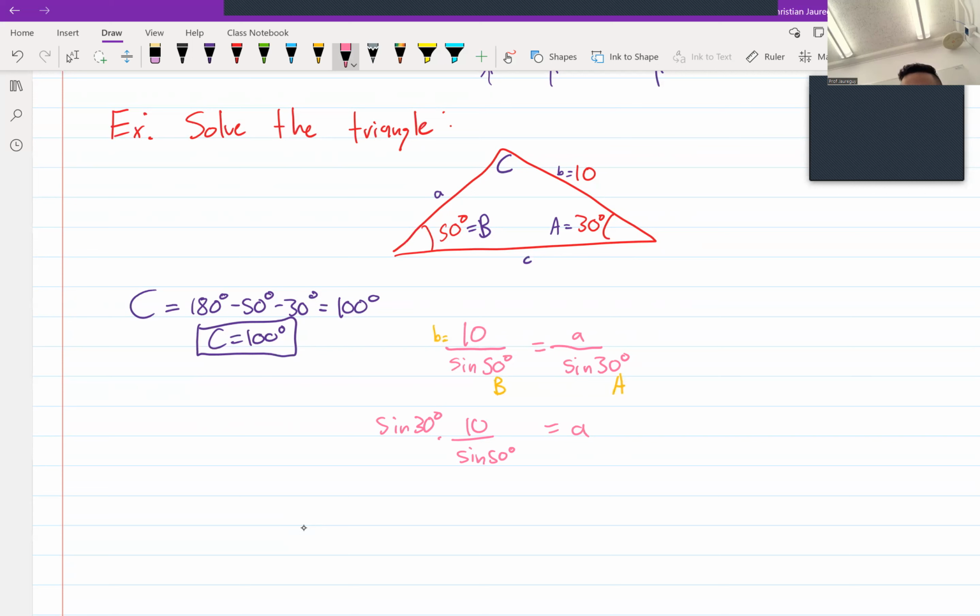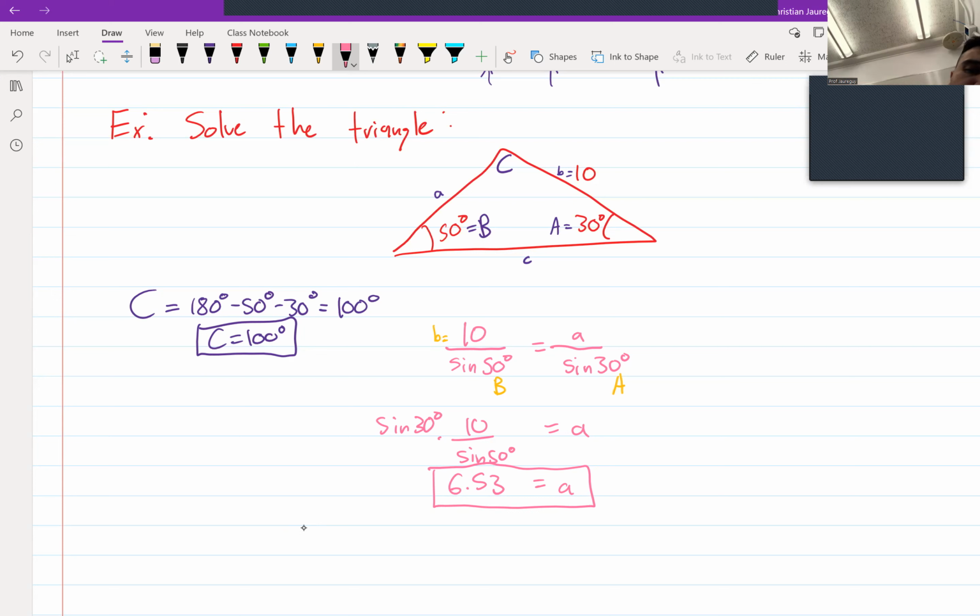So change your calculators to degree mode. And then what you're going to get is, hopefully, little a equals 6.53. And that'd be one unknown side.